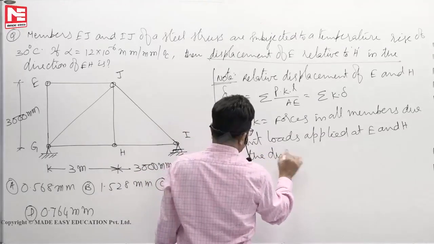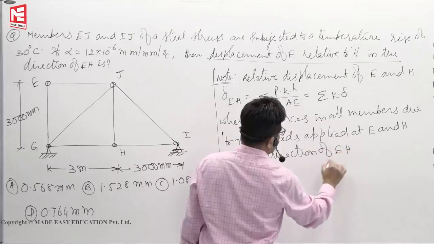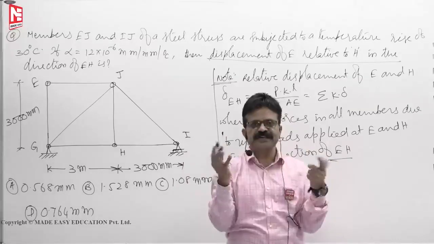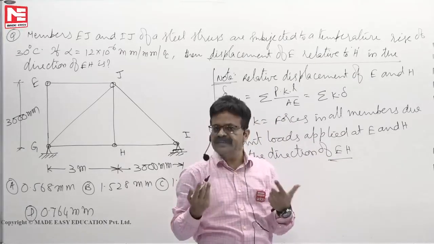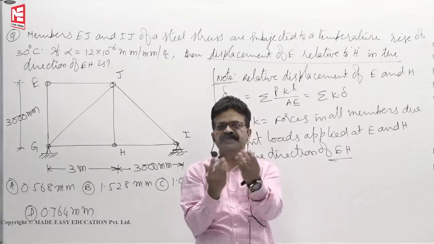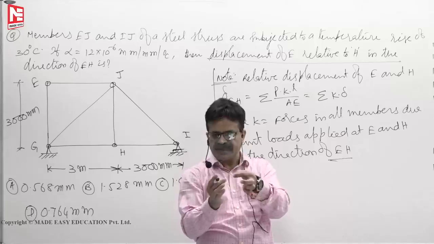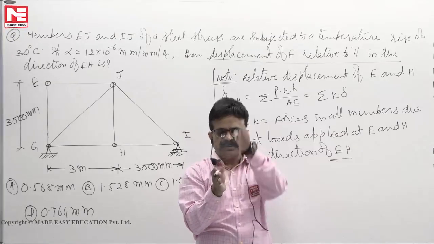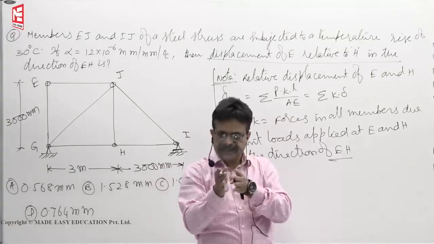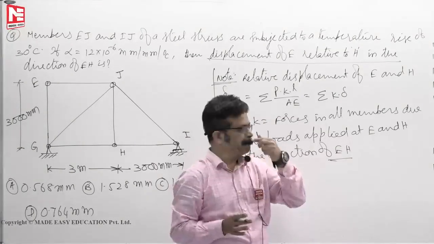and those unit loads must be applied in the direction of EH only. Only then you will get the relative displacement. Otherwise, some displacements you will get, some displacements you have added, then you cannot call them as relative. Relative means they must be either towards or opposite to each other, so they must be in the same direction, means parallel.